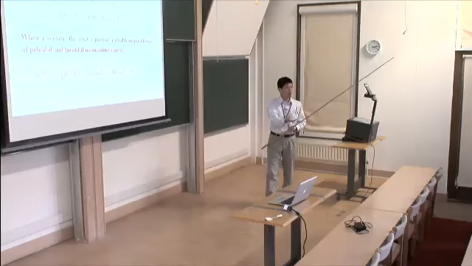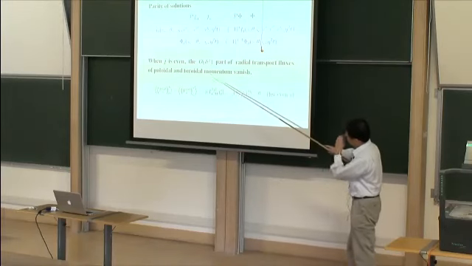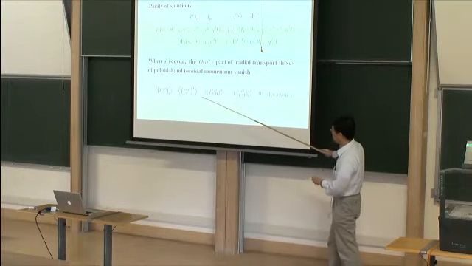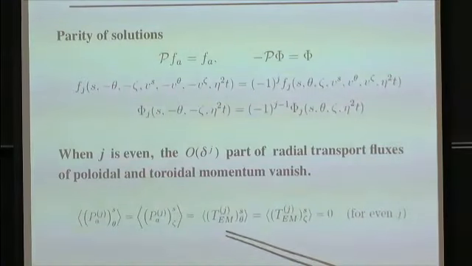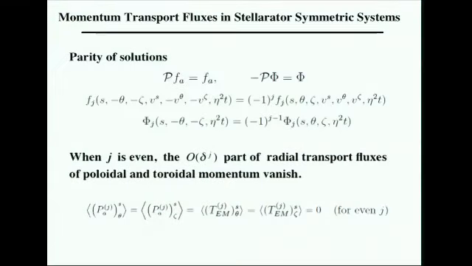So 0th order, 2nd order, 4th order, 6th order, 8th order: all components of the pressure tensor related to radial and toroidal directions, and the Maxwell stress tensor components related to radial and toroidal angles, vanish for even j.